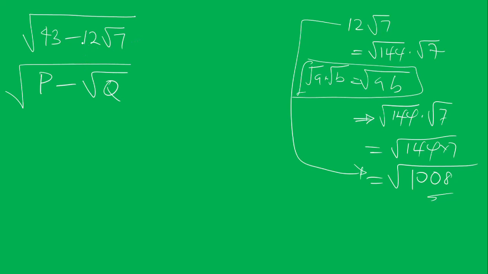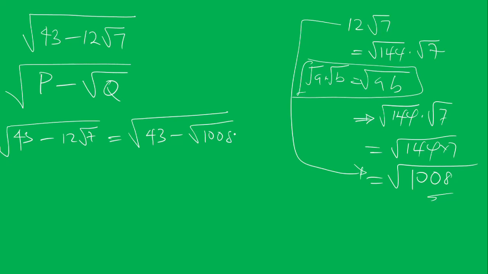We have expressed 43 minus 12 square root of 7 as 43 minus the square root of 1008.